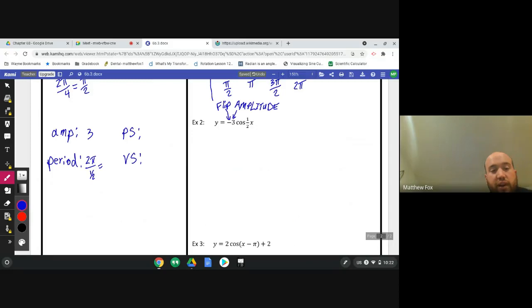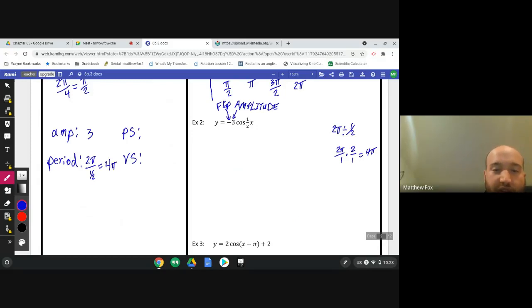But 2 pi divided by half, think about it, if we have $2 and something costs 50 cents, so that's half a dollar, how many of that object can we buy? It'd be 4. So the other option, if you think about it over here, 2 pi, if we divide by 1/2, that's the same as 2 pi times the reciprocal, which is 2 over 1. That gives us 4 pi. Okay?